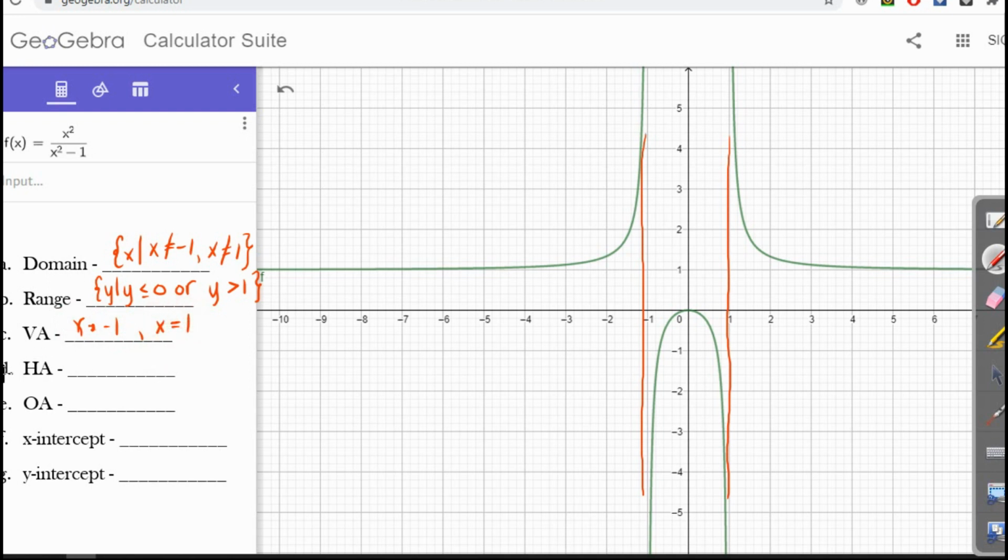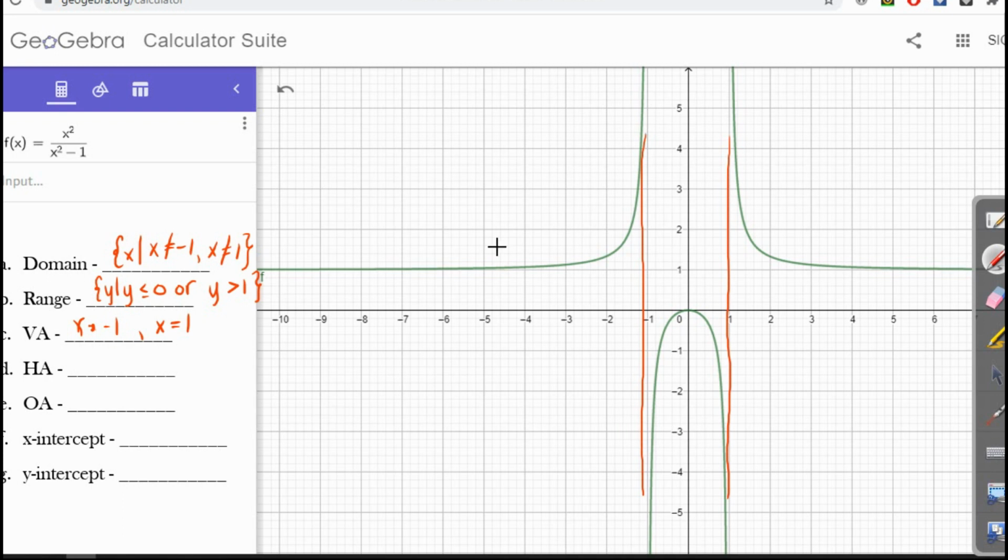How about the horizontal asymptote? As we all know, the horizontal asymptote is the same as the range. However, in this function, we cannot follow what is written in the range because always remember that a rational function can only have at most one horizontal asymptote, meaning to say it could only have 0 horizontal asymptotes or 1 horizontal asymptote.